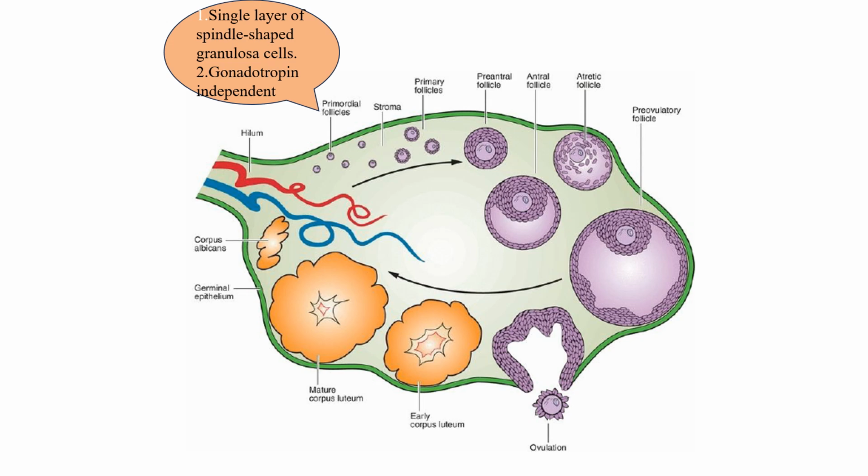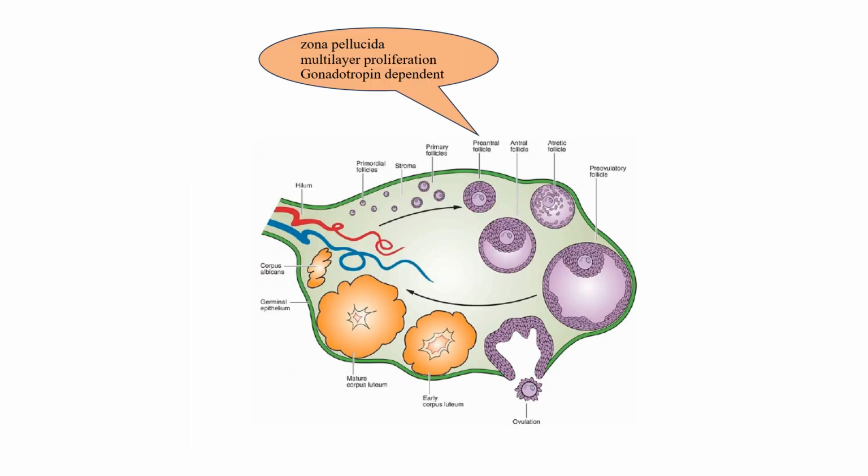Then it develops into the primary follicle, followed by pre-antral and antral follicles. The pre-antral follicle is identified by the presence of zona pellucida and it has multiple layers of granulosa cells. Also, it is gonadotropin dependent as compared to the primordial follicle, which is gonadotropin independent.